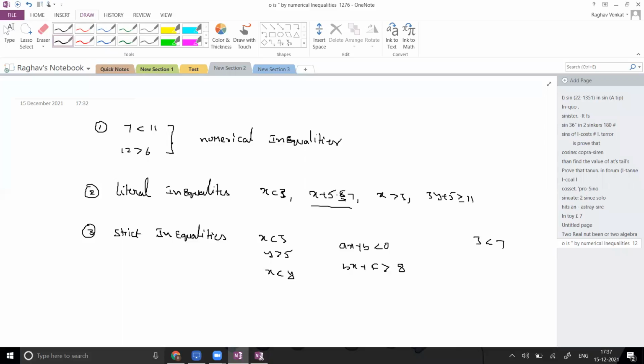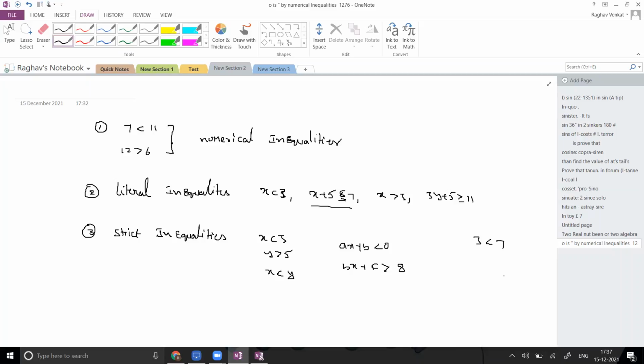Each and every equation, if I'm saying strict, that should be literal. Is it possible? So 3 less than 7 is a strict inequality. Yes, numerical only, but it is also strict only, no? Got it? So that's the reason it has its own identity.